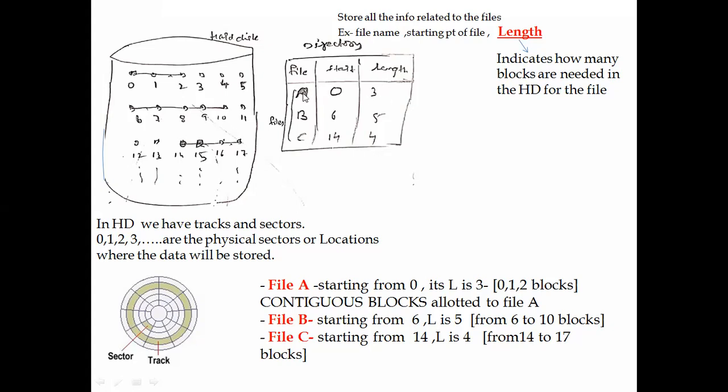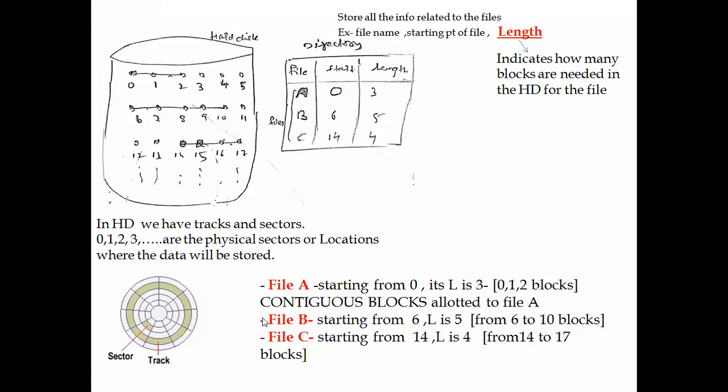Okay, so by seeing the entries in the directory, you can observe the figure where we have the hard disk. File A has a starting point of 0, and as its length is 3, that means blocks 0, 1, 2. So from 0 to 2, blocks are reserved for file A.